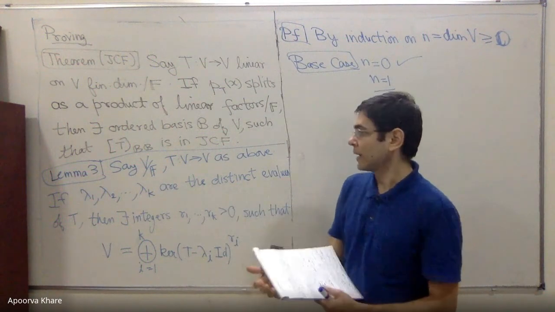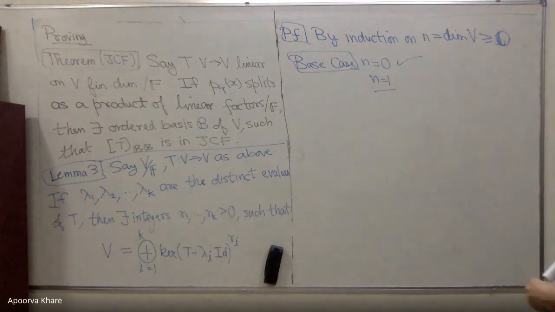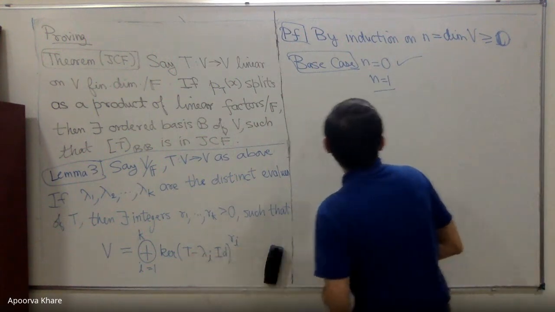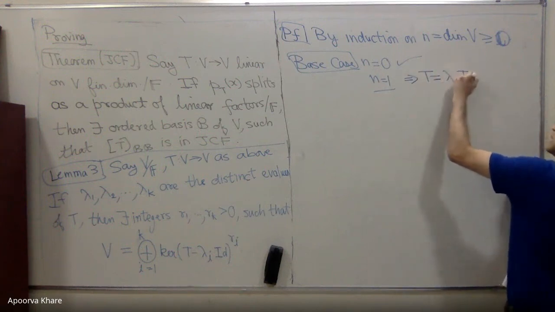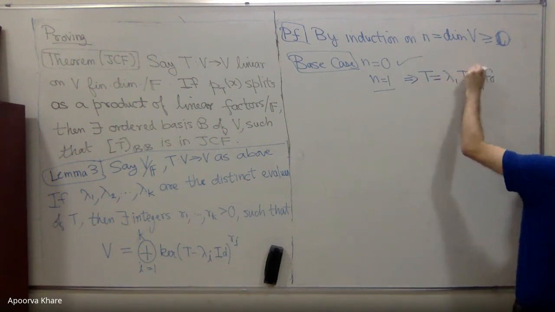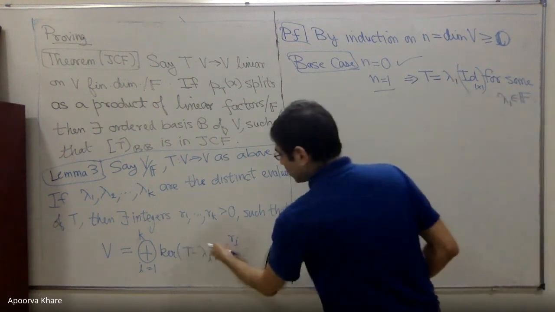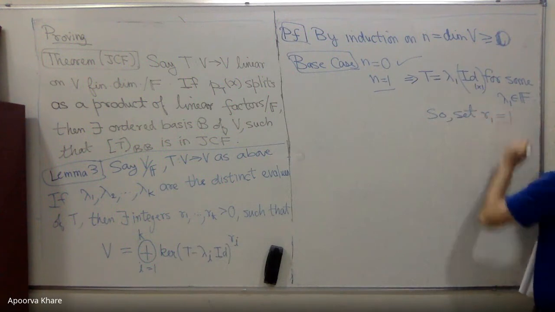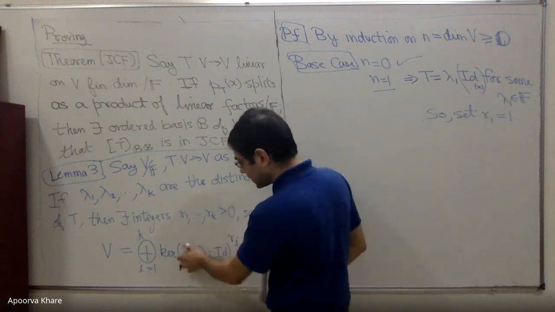So T equals lambda 1 times the identity, the 1 by 1 identity, for some scalar lambda 1 in F. But if T equals that, then you just set R1 equal to 1 and you are done. The vector space is one dimensional, and that is the kernel of this.